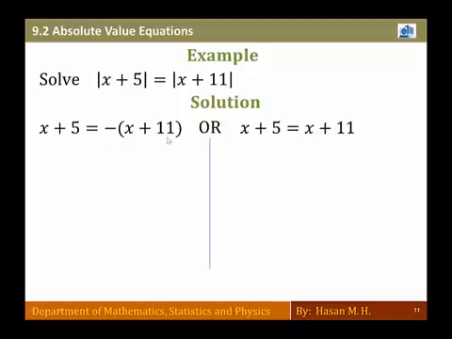Solve each equation separately. x plus 5 equals negative times open parentheses x plus 11 close parentheses. Using the distributive property, multiply negative by x and multiply negative by 11. We will have x plus 5 equals negative x minus 11.